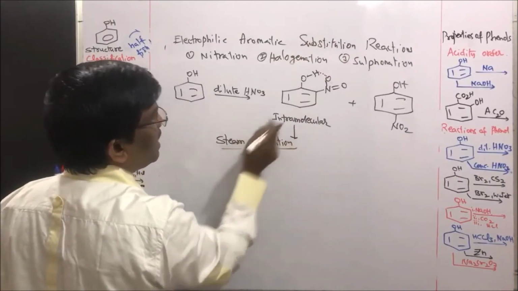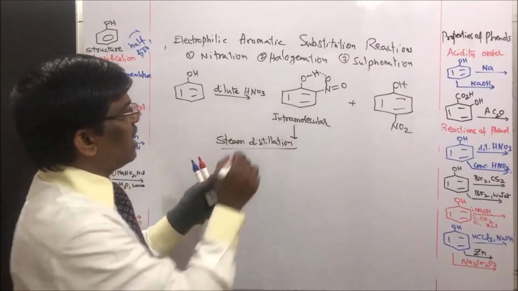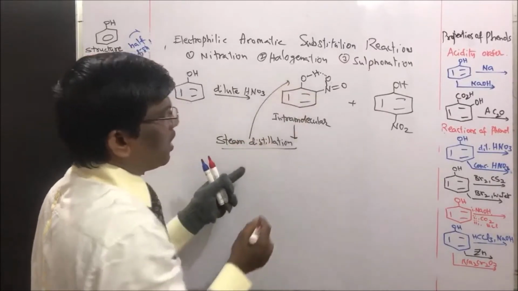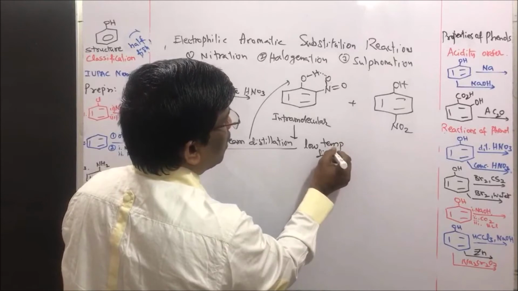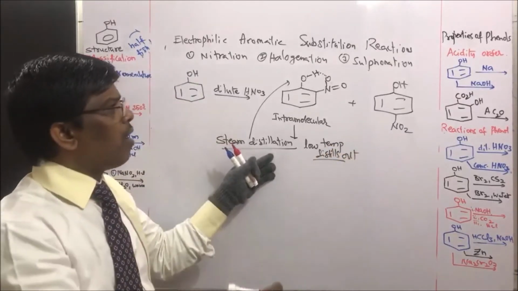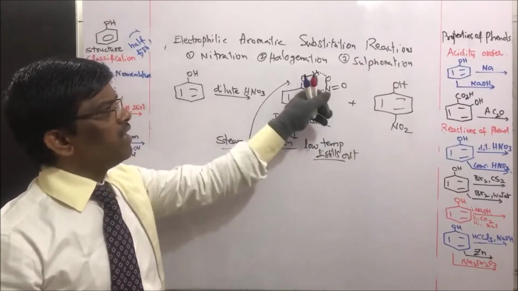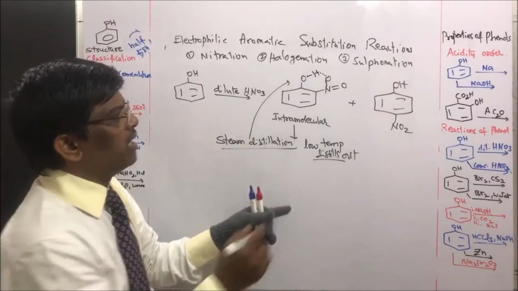Because of the presence of this intramolecular hydrogen bonding, during steam distillation it easily takes up water. The ortho compound distills out at low temperature. So the first outcoming compound is the ortho compound during steam distillation because of this intramolecular hydrogen bonding.